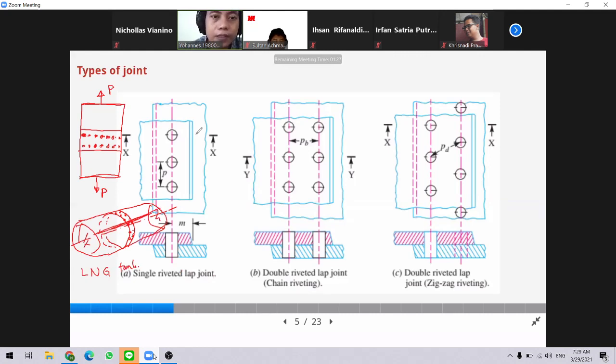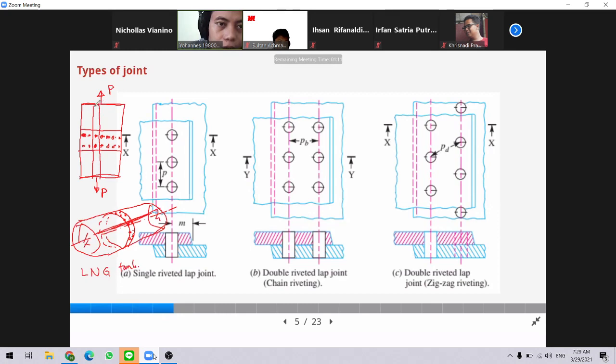In that case, we just need to focus our analysis on this part only.